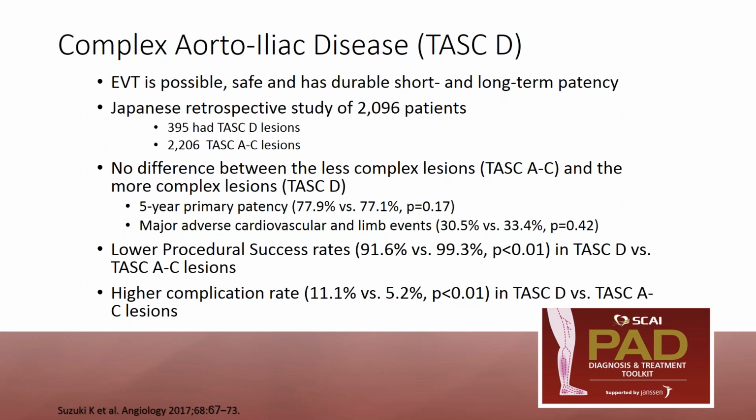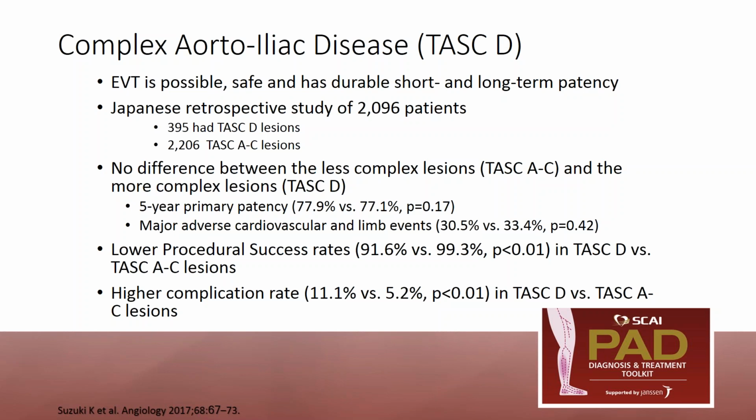You also have a higher complication rate, almost 11% in the TASC-D lesions versus 5.2% in the less complex TASC-A through C. This underscores the importance to have an open and frank discussion with the patients regarding the risks and benefits of endovascular revascularization, also an honest assessment of the skill set of the operator or operators performing these procedures.